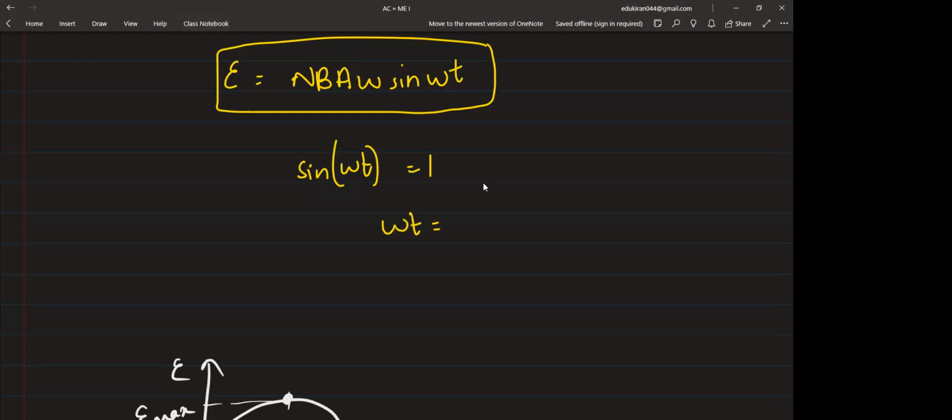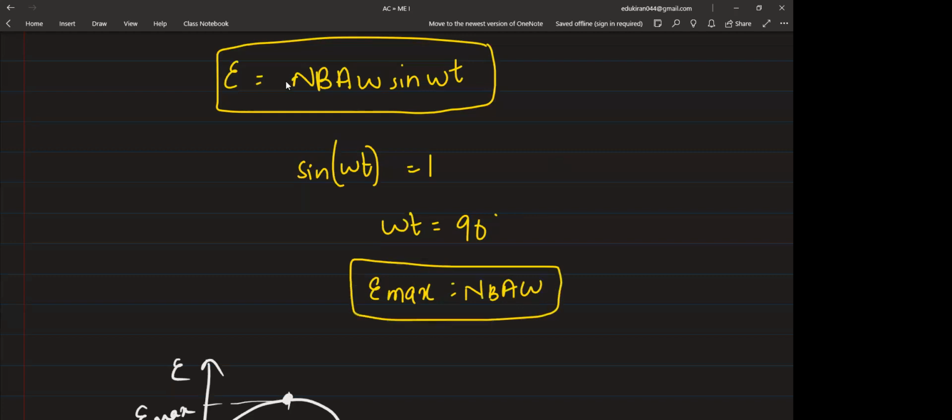When is your sine theta equal to 1? 90 degree. Yes, very good. It means omega t is 90 degree. So what will be the maximum value of E then? If this entire term is 1, it will be just NBA omega.